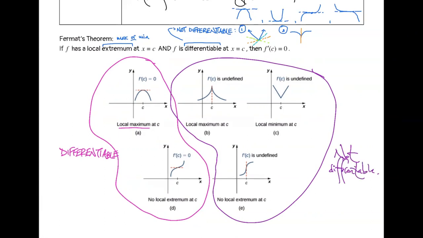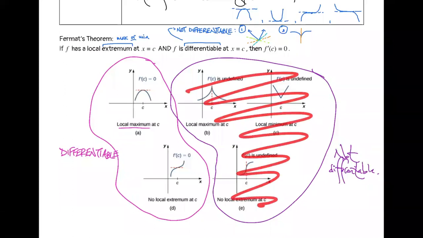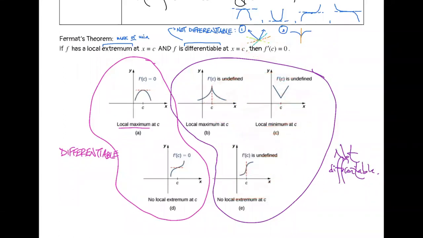Okay, so we have the ones in the pink that are differentiable, the ones in the purple that are not differentiable. So we know right off the bat that these three are not guaranteed to have a slope of 0 at some point.